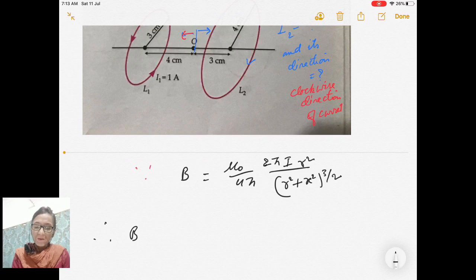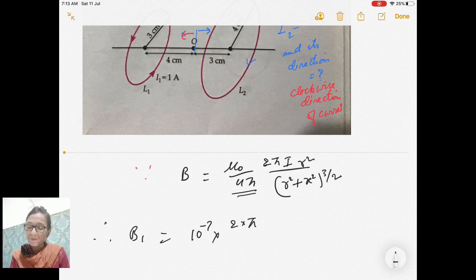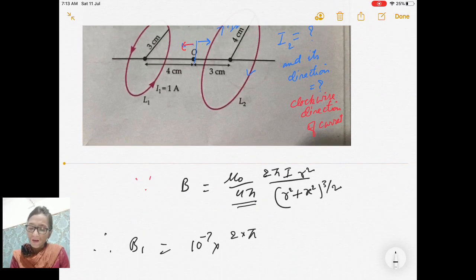Therefore B1 will be equal to mu naught upon 4 pi, which is 10 to the power minus 7, into 2 pi, that will be cancelled from both sides, into I, what is I? 1 ampere, into r square. This r square is in centimeter, so let me take the distances in centimeter only.